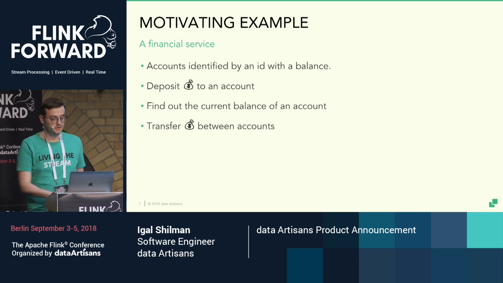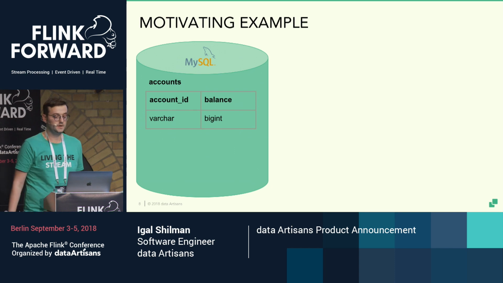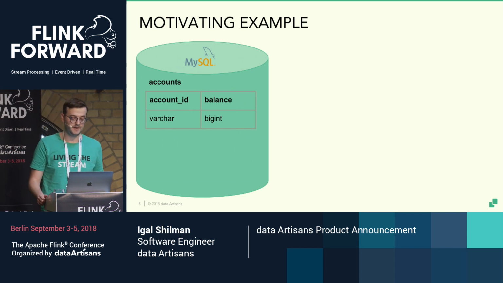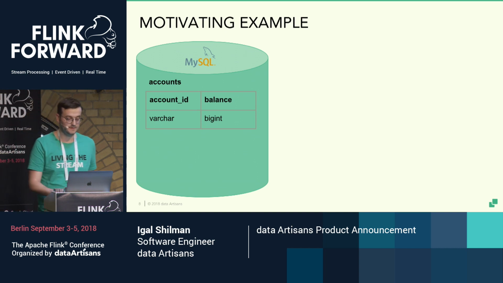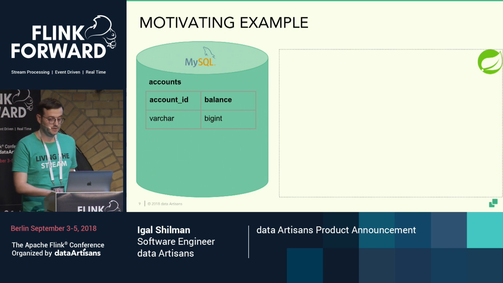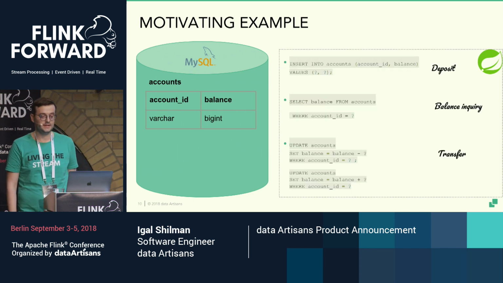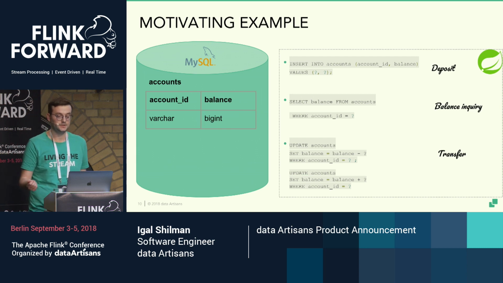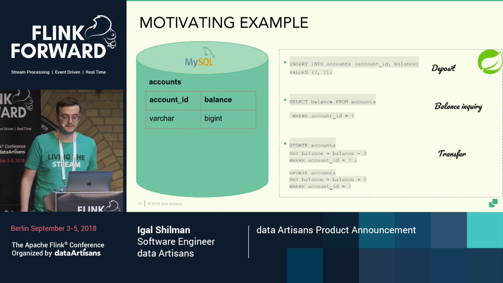So how would I do it traditionally? Traditionally, I would have something like a database with an accounts table with maybe 2 columns, account ID and a balance, just to simplify it a little bit. And maybe I'll have a Spring application where I will probably find queries like that inside of my application. To facilitate deposits, I will have an insert into statement.